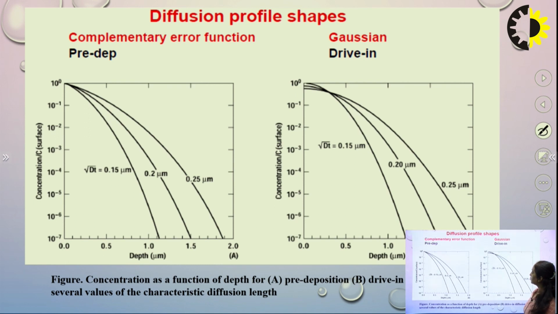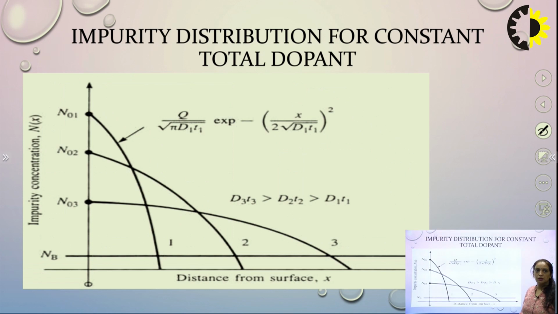This will be the graphs for this Gaussian distribution and pre-distribution. Here in case of pre-distribution, it starts from the same point, right? It depends on the maximum solubility limit. Right. So here we can see some changes. Depending upon the time and the temperature, there will be some changes in the graph in case of the drive-in process.